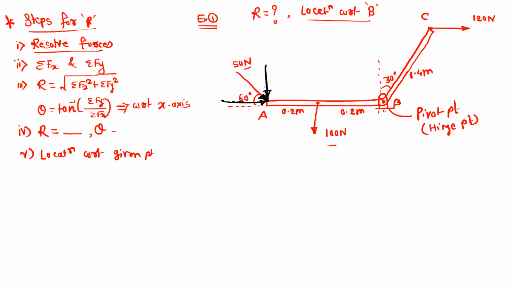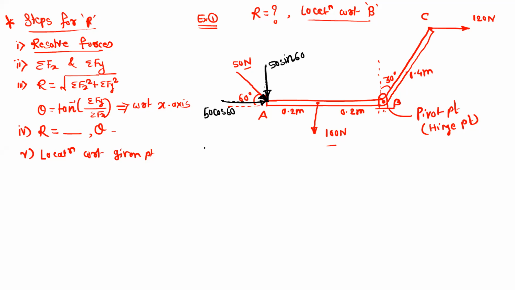This component is the adjacent component because the angle is given with respect to it, so this will be 50 cos 60. Adjacent is always cos, and this will be the opposite, so this will be 50 sin 60. 100 Newton is in the y direction and 120 Newton is in the x direction.